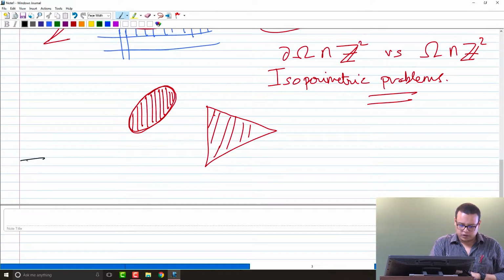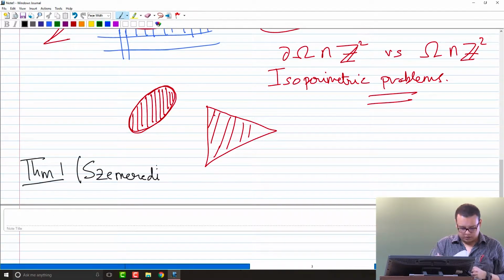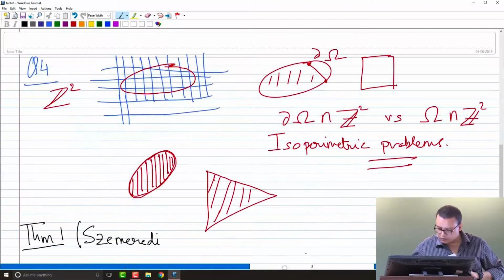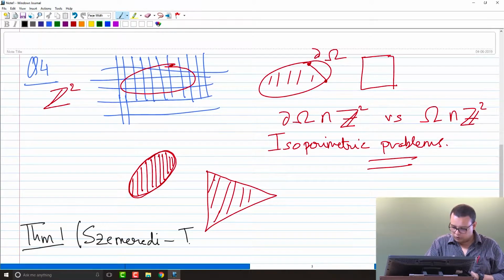The theorem is called the Szemerédi-Trotter theorem. This is from 1983.